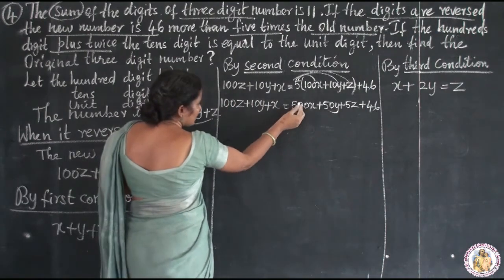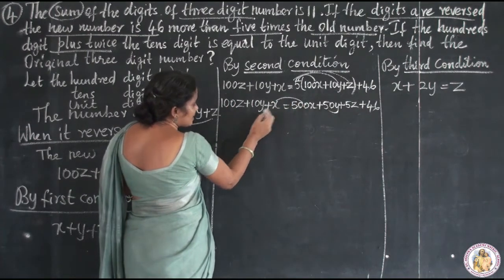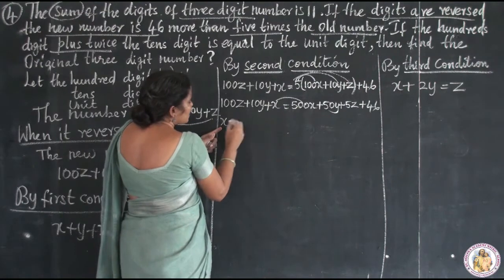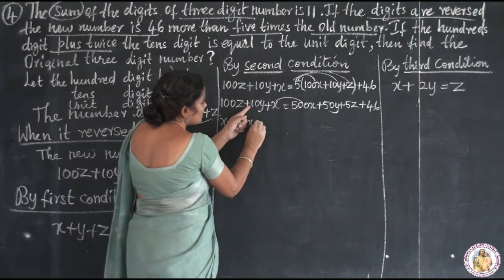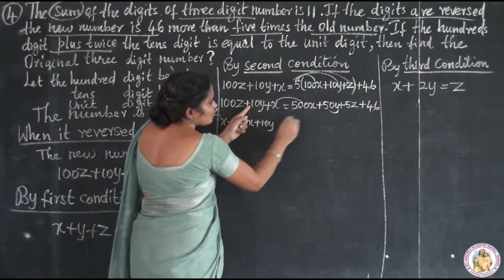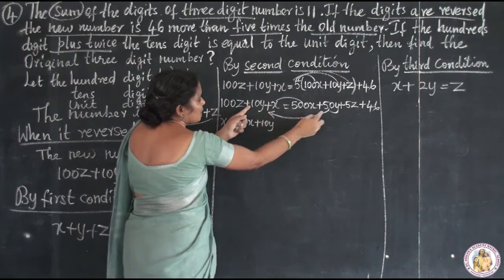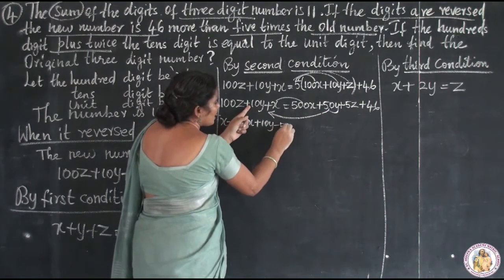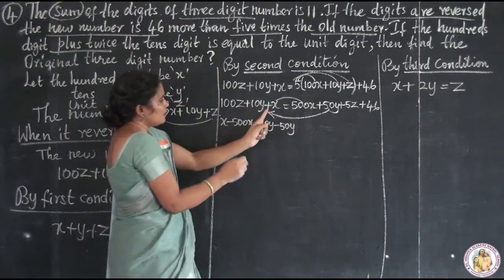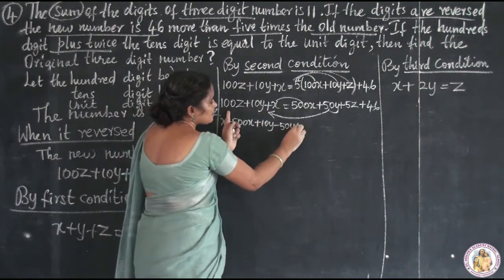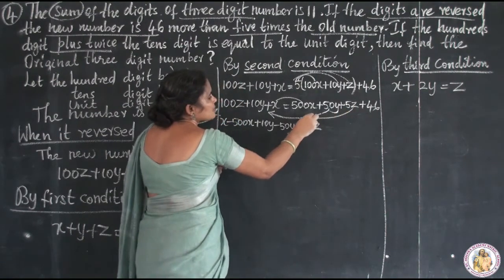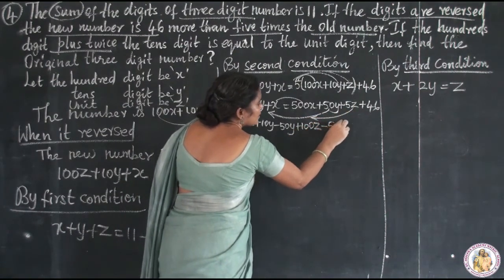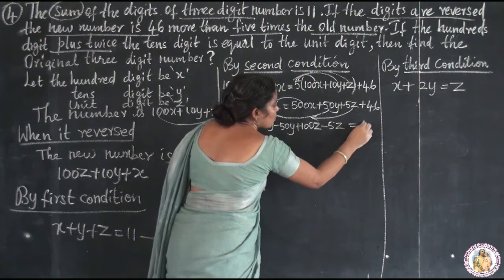Taking all the variables together: x minus 500x, then 10y minus 50y, then 100z minus 5z is equal to 46.